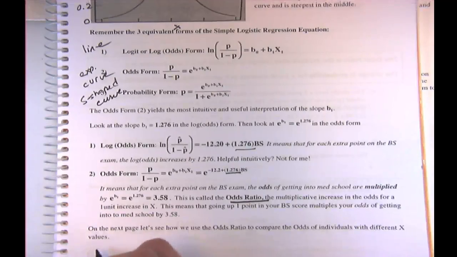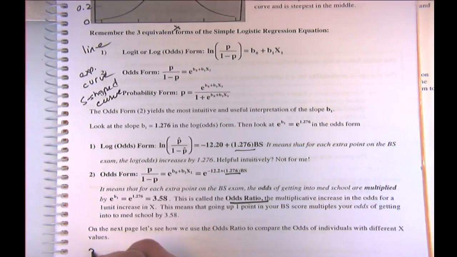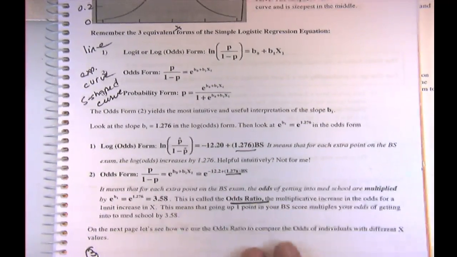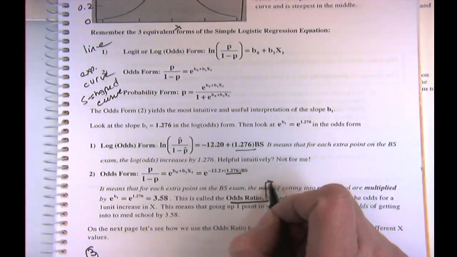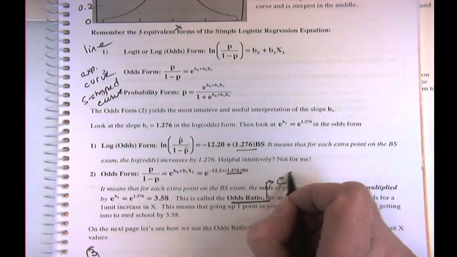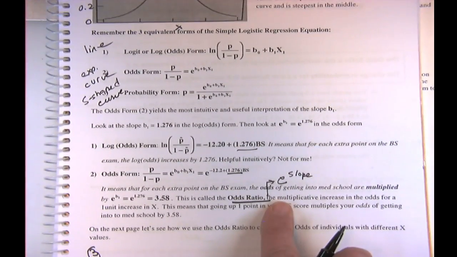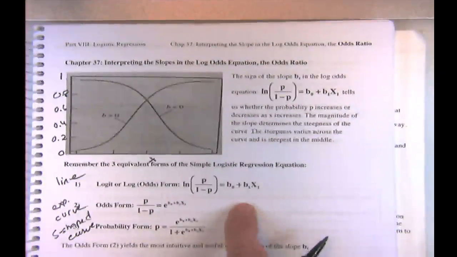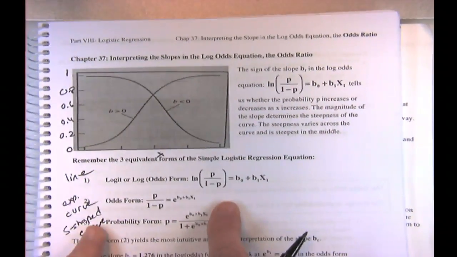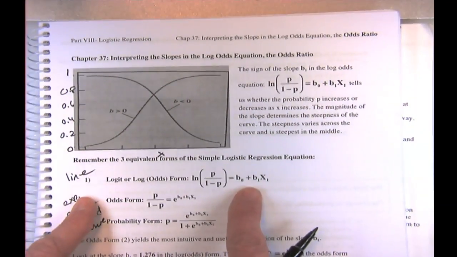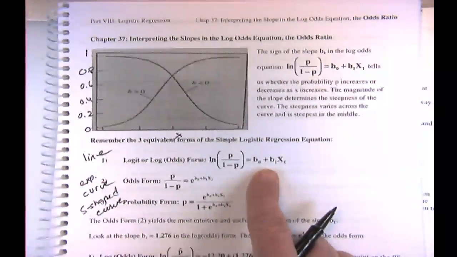Okay, what would the probability form say? So first of all, e to that slope is the odds ratio. All right? And basically, what am I saying here? When you look at this in the odds form, you know what the slope means here, right? It's a line, so you know what the slope means.